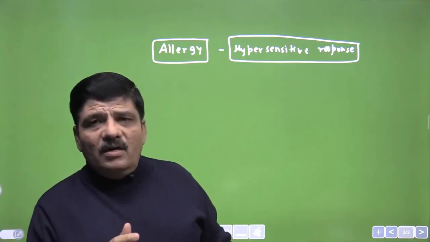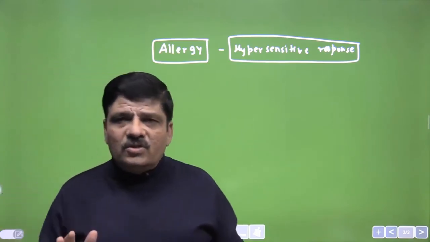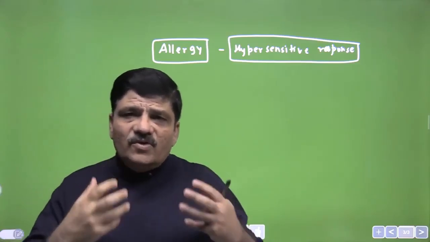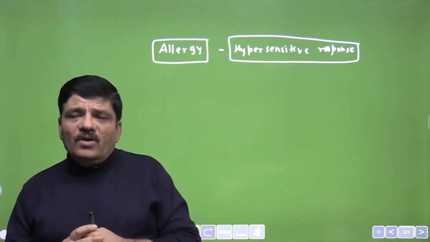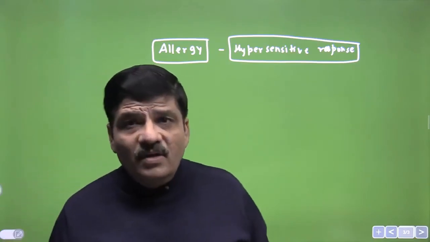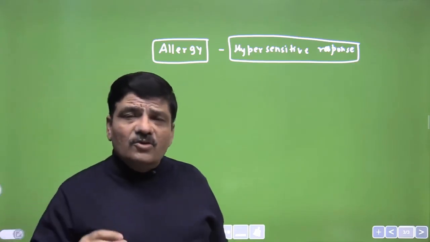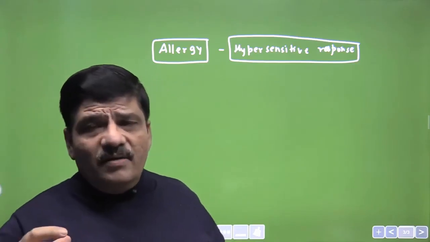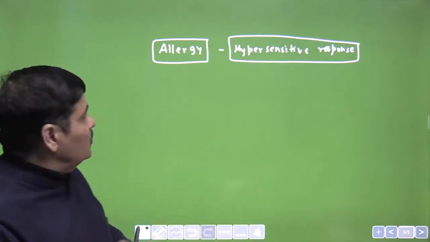But when they are removed from the exposure to the smoke, the physiology comes back to normal very rapidly. But somebody who has bronchial asthma may be hypersensitive and will have a higher degree of bronchoconstriction. So this is what we are saying, that this is a hypersensitive response of the immune system.